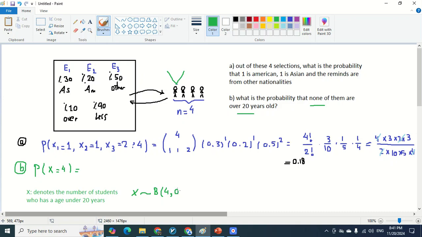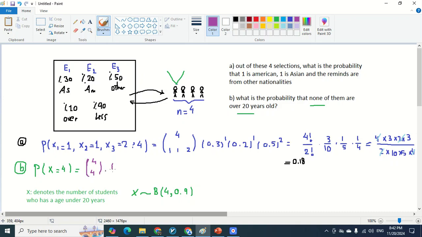However, you can use the complementary part and define the random variable as a person over 20 years. Then you are looking for X equal to 0, and the result will be the same at the end of the day. Because we want 4 students out of 4, the combination of 4 out of 4 is the beginning of that expression.